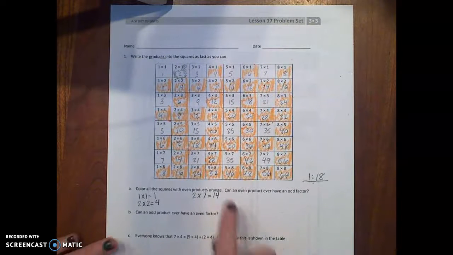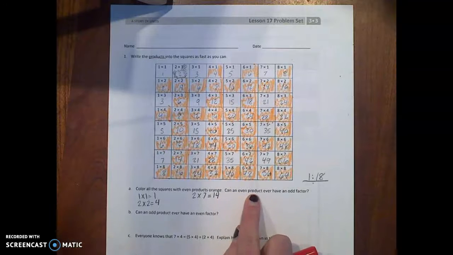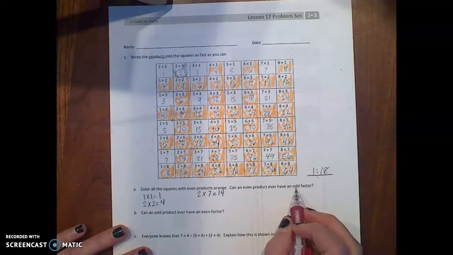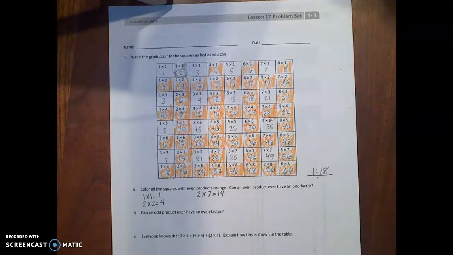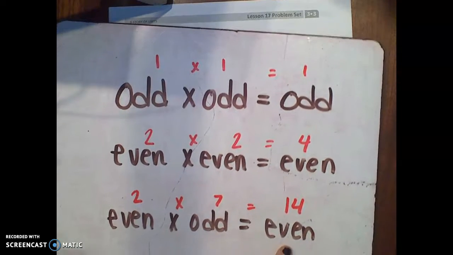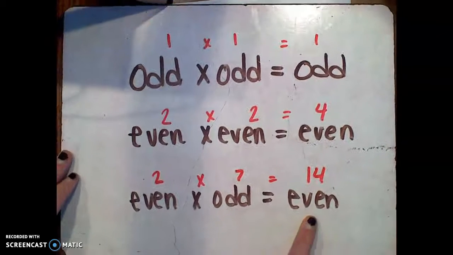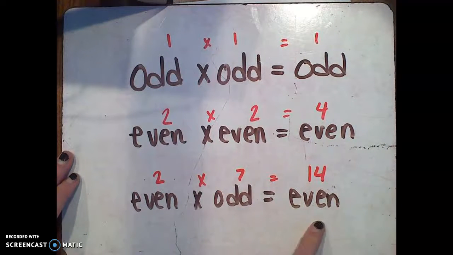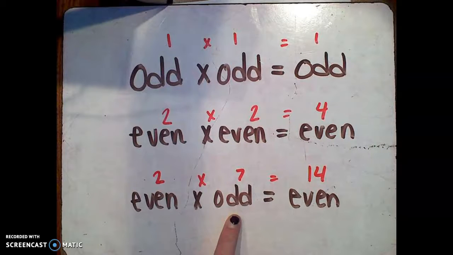So let's look at our question one more time. Can an even product, or an even answer, ever have an odd factor? Well, let's look at our little notes here. Can an even product ever have an odd factor? Well, what do you guys think?